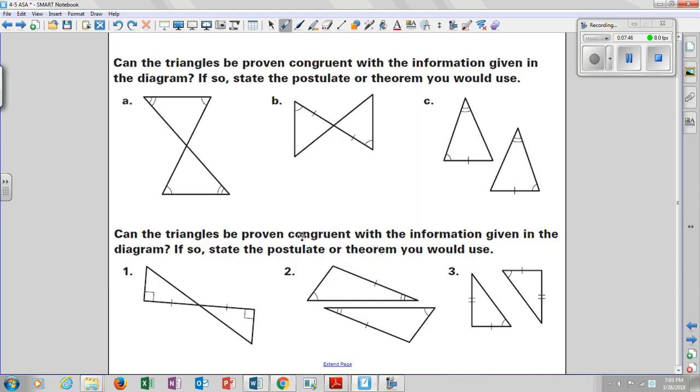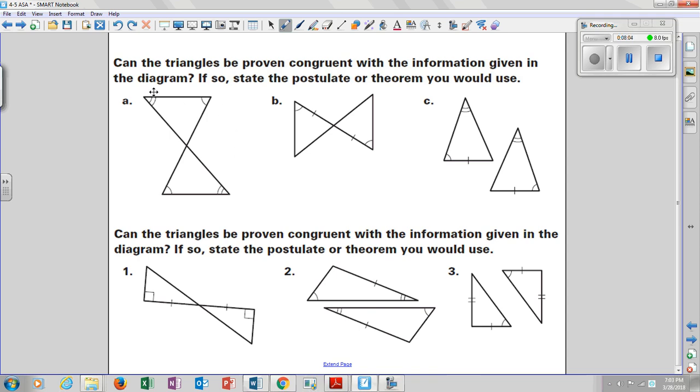Now let's practice and see if we can prove that these triangles are congruent with the information given in the diagram. Now, this does not necessarily mean that it's going to be angle-side-angle or angle-side. Okay?